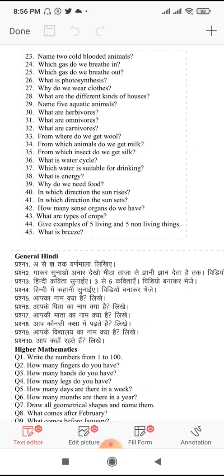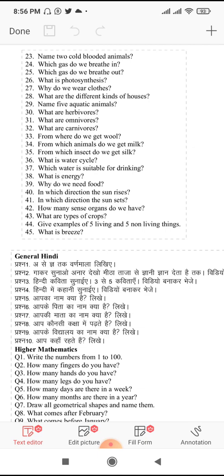What are the carnivorous? The animals which eat the flesh of another animal are called the carnivorous. What are omnivorous? Omnivorous वो है जो flesh और जो vegetation है वो दोनों लेते हैं, vegetable.